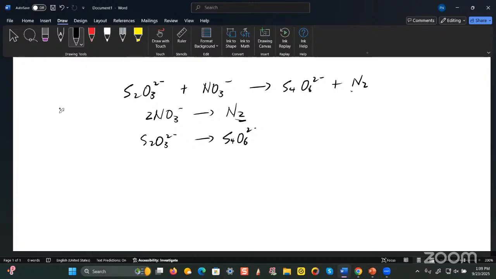You put a two on the S2O3, that would balance it out. And they're both 2-, so they're also. Oh, it would be 4- actually. So you would add 2 electrons to the S4O6.